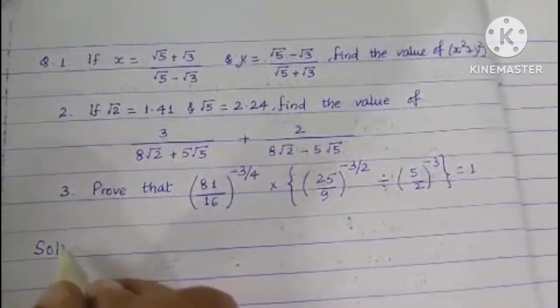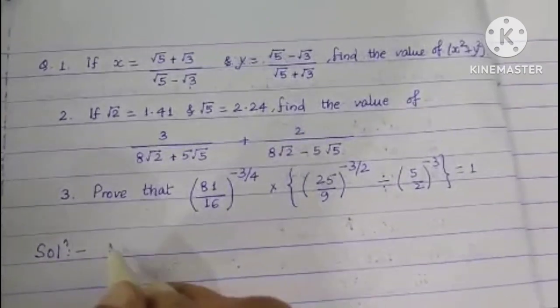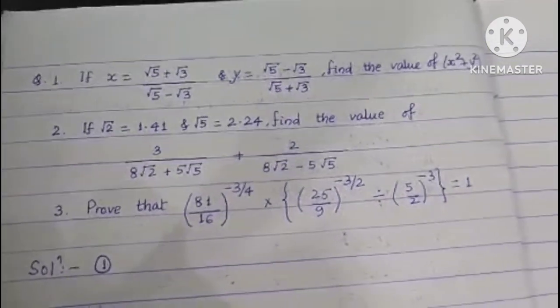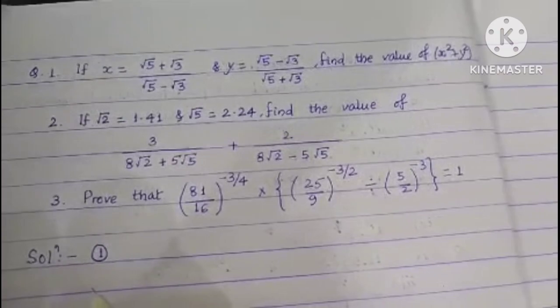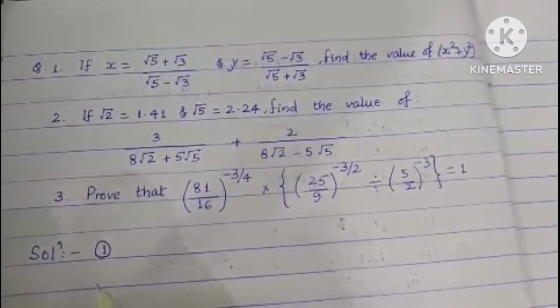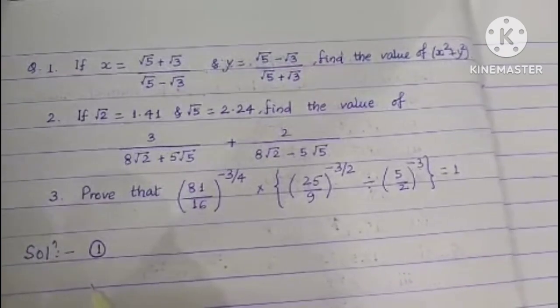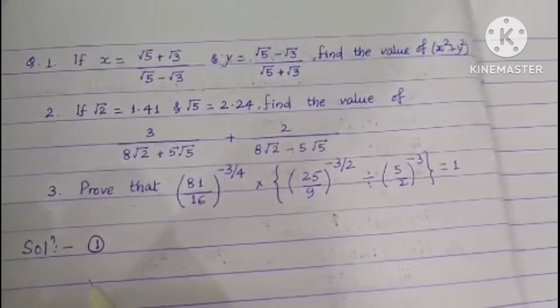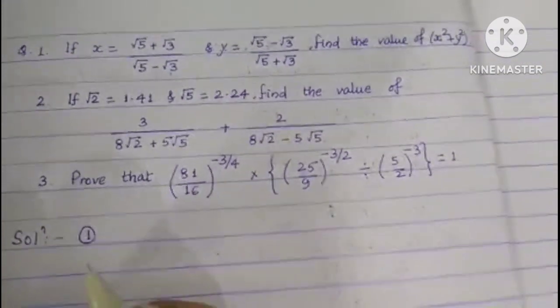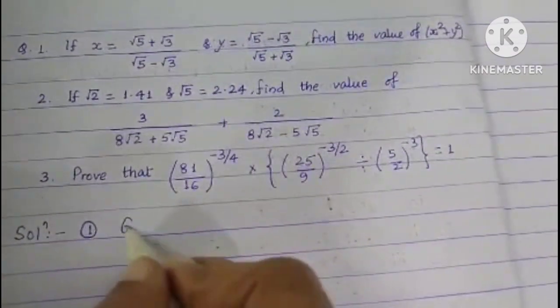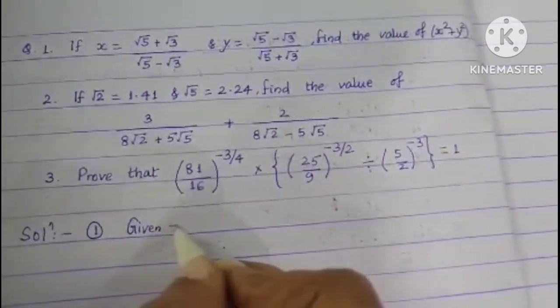Solution for question number 1. What is the question? If x is equal to root 5 plus root 3 by root 5 minus root 3 and y is equal to root 5 minus root 3 by root 5 plus root 3, find the value of x square plus y square. First of all, what is given? Let us write what is given.